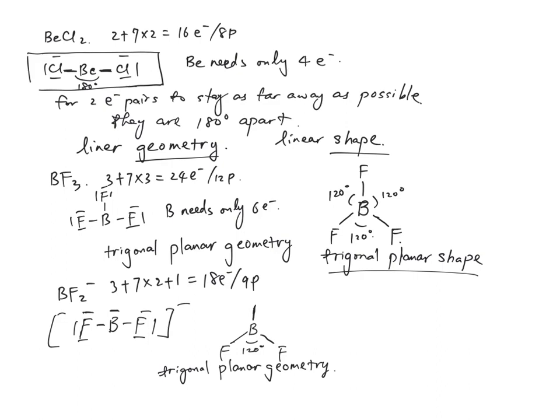Right now, we're using a dash to represent electrons. But you've got to remember, electrons are extremely small and move extremely fast. What does that mean?